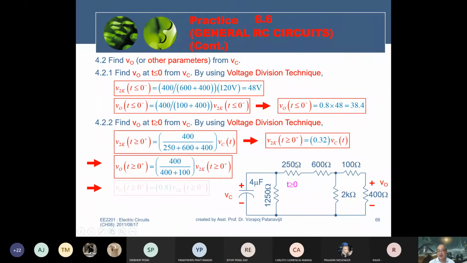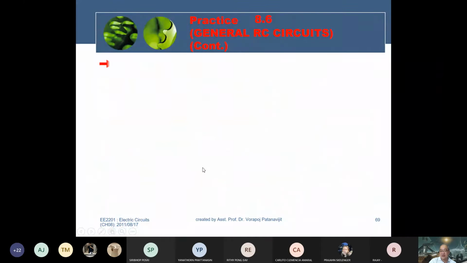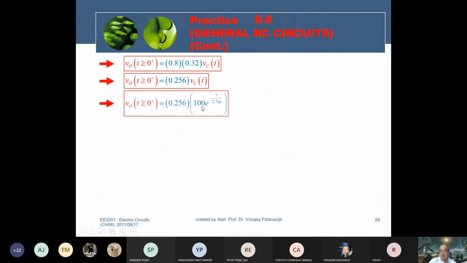We substitute V2K and substitute back for VC. For VC, you know that VC equals 100 e power minus t divided by 2.5 milli. This is the result.